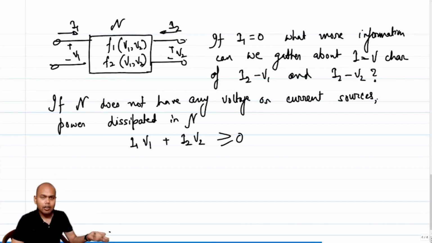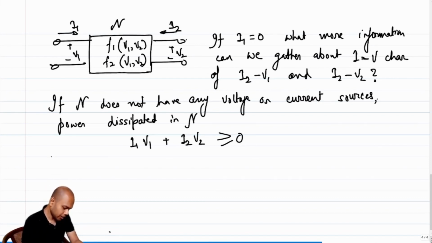Now, given that I1 is equal to 0, that is the assumption that we took, or that is something that I just took out of the hat, right?